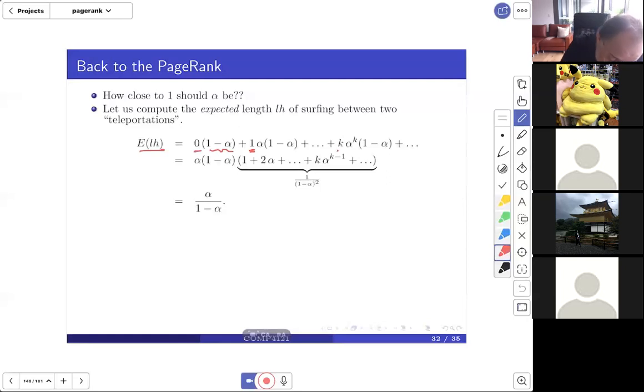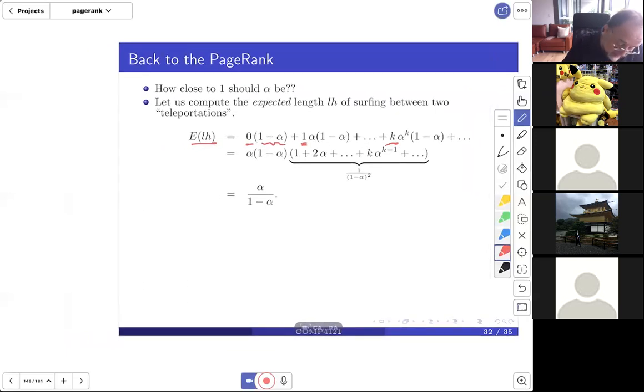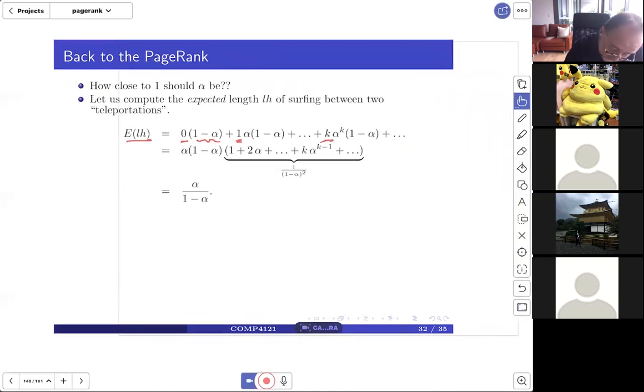You follow k links with probability alpha to the k, and then you random jump, so it's 1 minus alpha. And this, you can pull out alpha times 1 minus alpha, and notice you again get this triangular sum of 1 plus 2 alpha plus 3 alpha squared plus k times alpha to the k minus 1 and so forth.